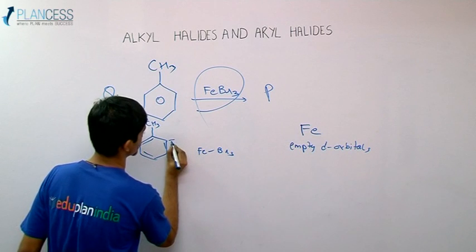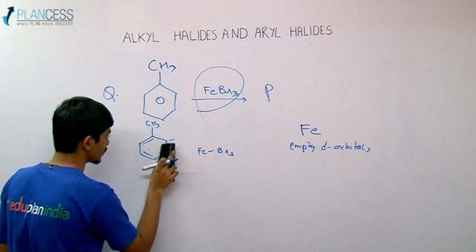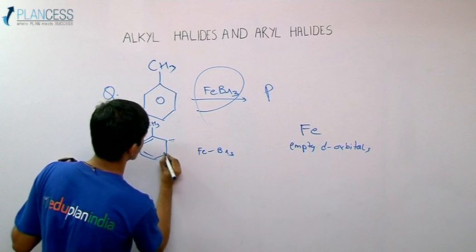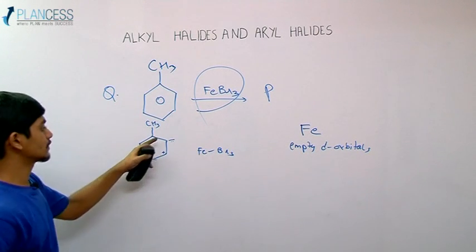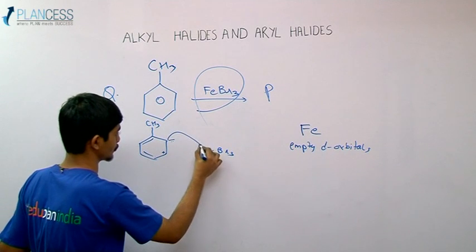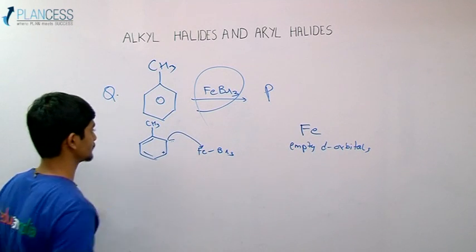So suppose we start from here, then what happens is that the positive charge comes over here. That is, the negative charge comes over here and this goes to the electrophile.